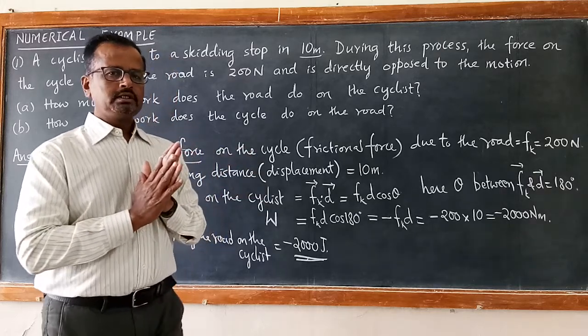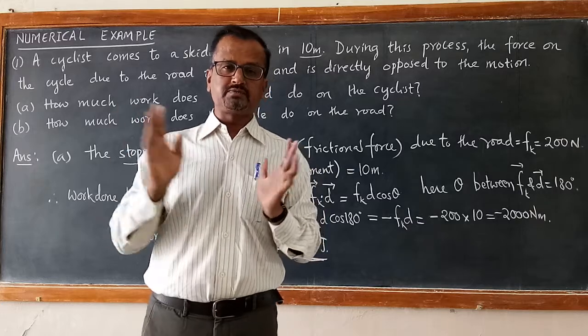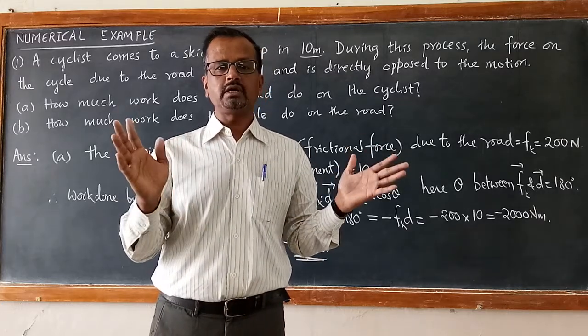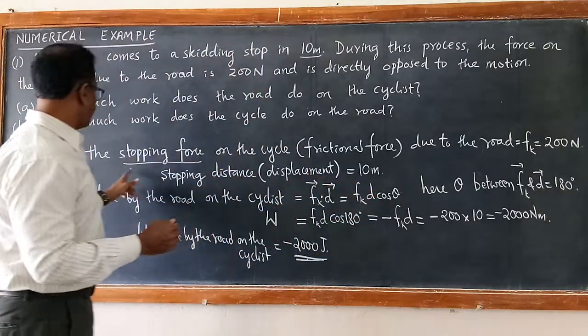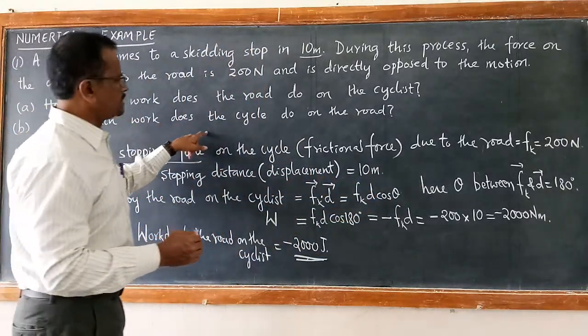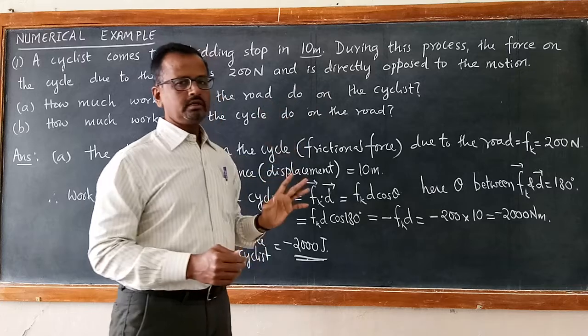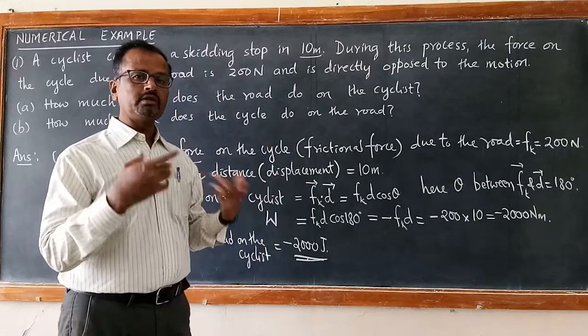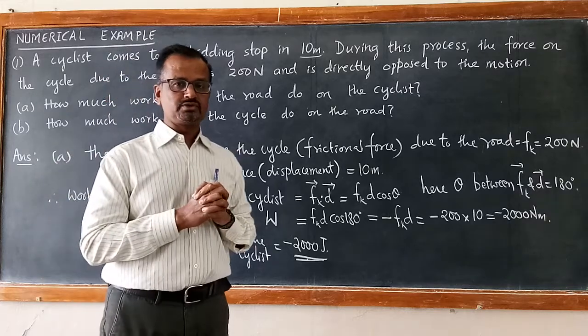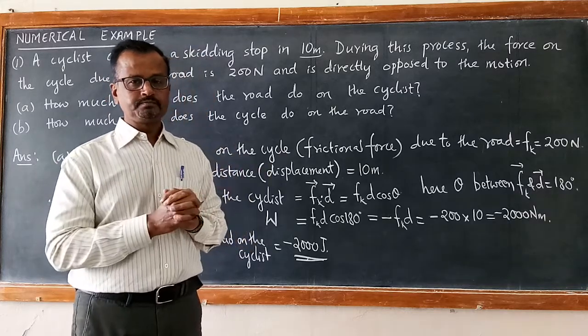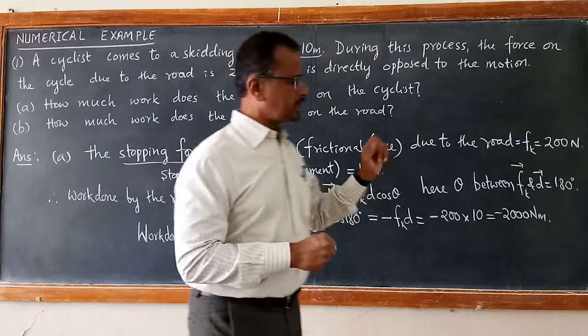But the cycle undergoes displacement. The road does not undergo any displacement. Therefore, work done by the cycle on the road becomes zero. But Newton's third law is about the forces, not about the work done. So we'll conclude it.